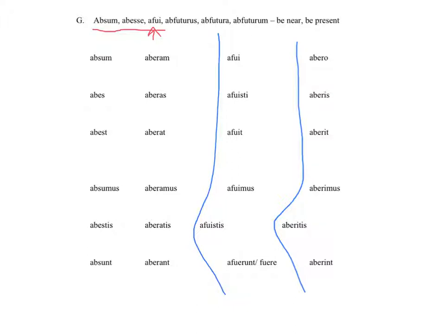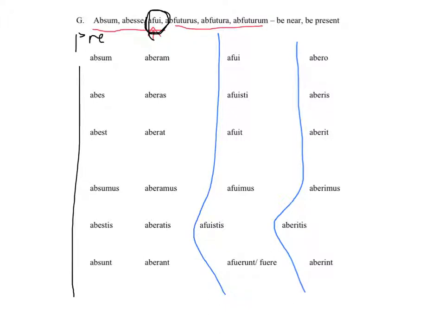There is no B there. But then the B returns in this fourth principal part. This again is an illustration of why principal parts are necessary to memorize. You would never be able to predict that. The only people that would really know that that was coming would be native speakers, and nobody is a native speaker of Latin anymore. Otherwise, it conjugates in the present the same way.